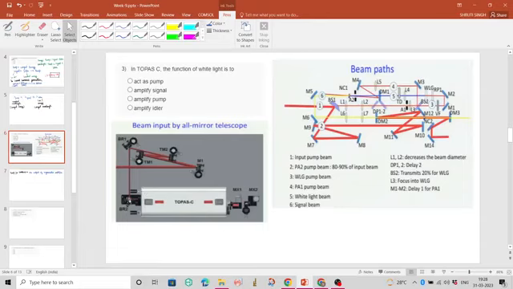The pump light goes in through this black part, which is showing. This is the red beam, this is the pump beam coming. It hits the mirror M1, then TM1, TM2, then this reflector, and then this one. These two also are mirrors, and then this one, and then it goes in from BR2. So here these TM1 and TM2 can be like steering mirrors or tuning mirrors.